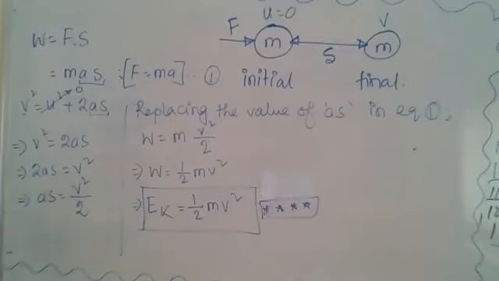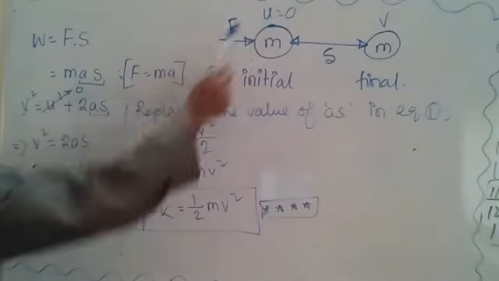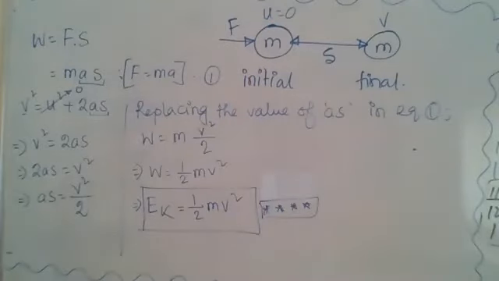Sir, can you kindly explain the third line? V square equal to U square plus 2AS. Why you put an arrow on that U square? Because initial velocity is 0 here. I said that the body was at rest, and then we applied some force, it came into some motion, it gained some velocity. So if the initial velocity is 0, U is 0, then U square will also be 0.